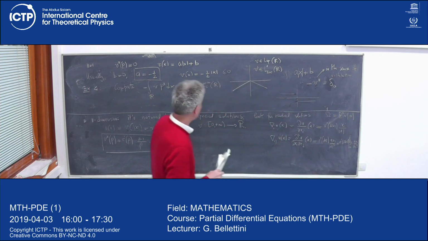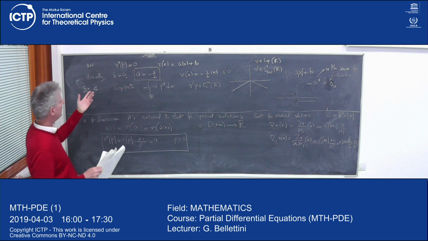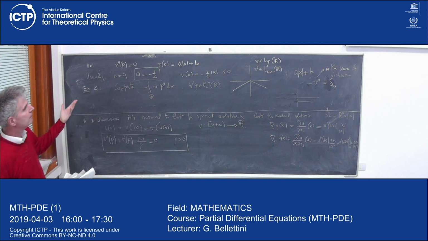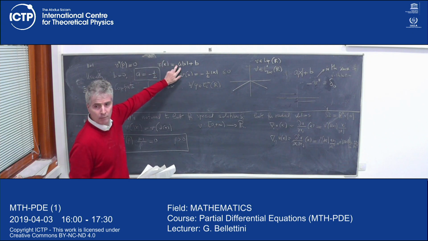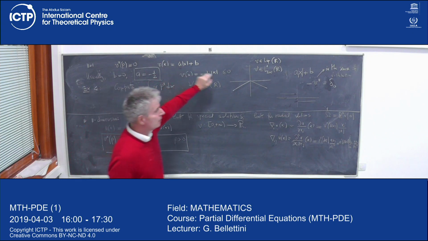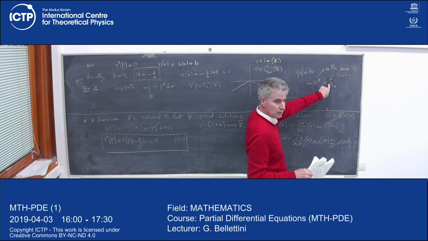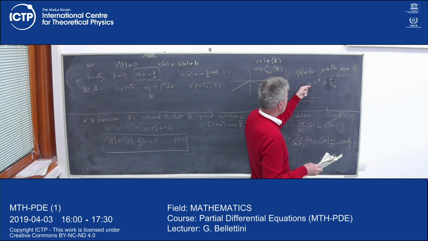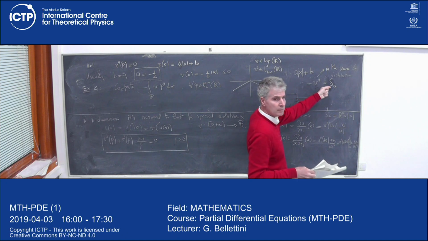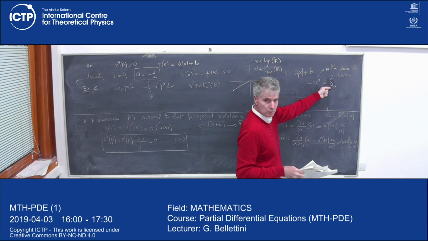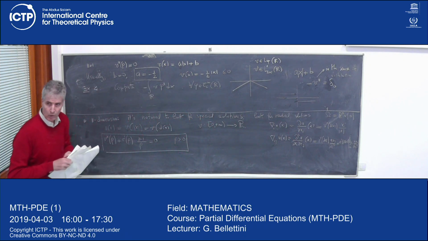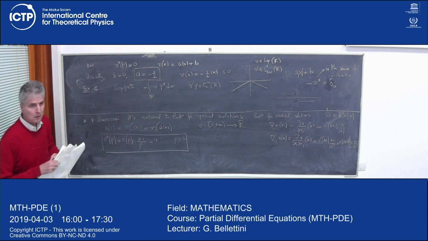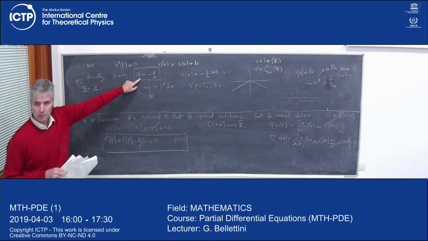Of course, if I change the constant here, I could take any constant a, but then the other constant changes. Only the choice a equal 1/2 gives me minus Laplacian equal to delta at the origin. So this is the reason, a posteriori, for which we normalize constants like this.